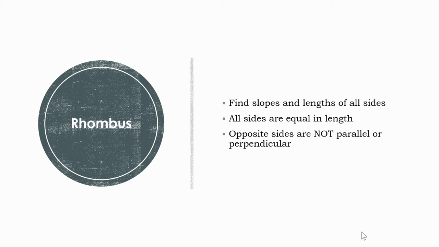A rhombus, you're going to find the slopes and the lengths of all the sides, and all sides are equal in length. Now I know it says the opposite sides are not parallel or perpendicular. It actually should have said the opposite sides are parallel and not perpendicular.